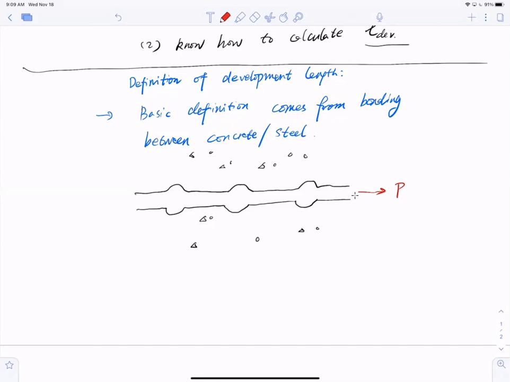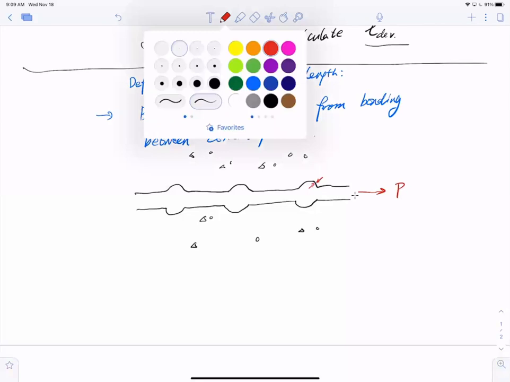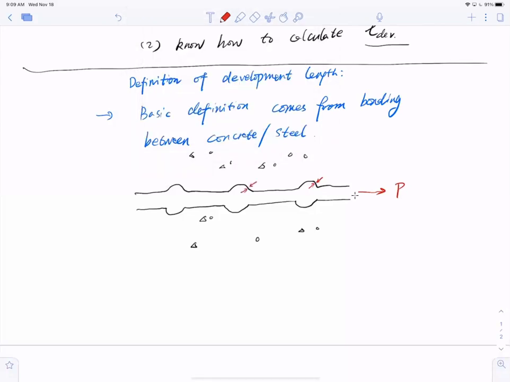The first type of resistance I see is the bearing on the ribs. The concrete will push against this rib and prevent it from moving. Let me label them all.